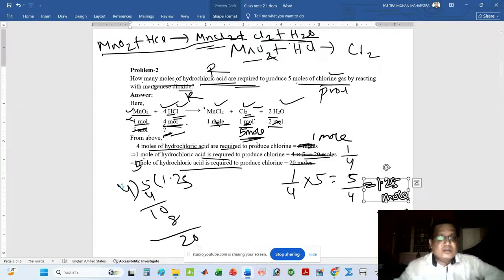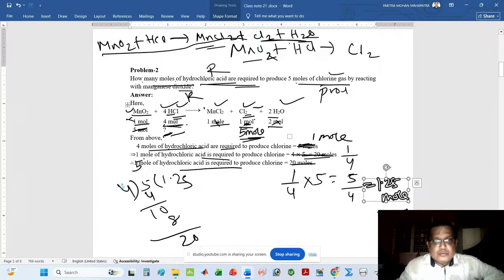Here one manganese, there are two oxygen, here also two oxygen. Four hydrogen, four chlorine. All are balanced. In this equation, all are balanced. Again, I want to verify this.